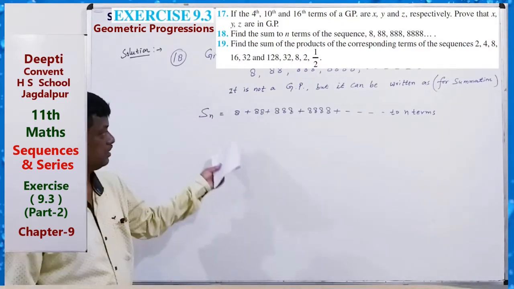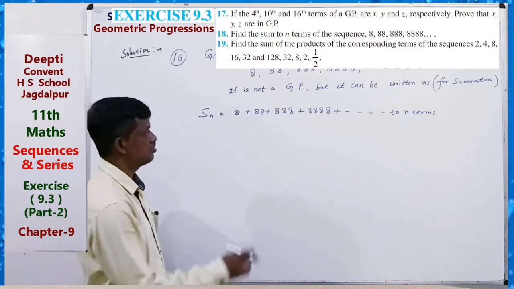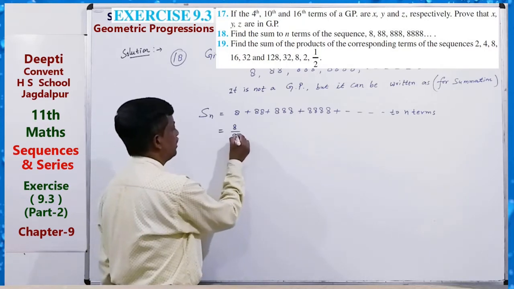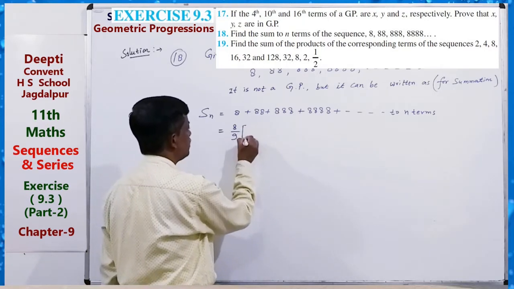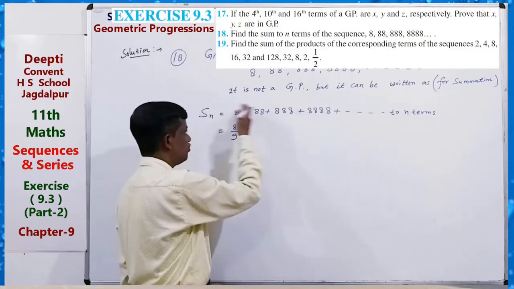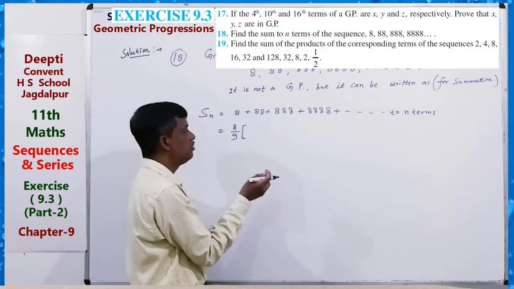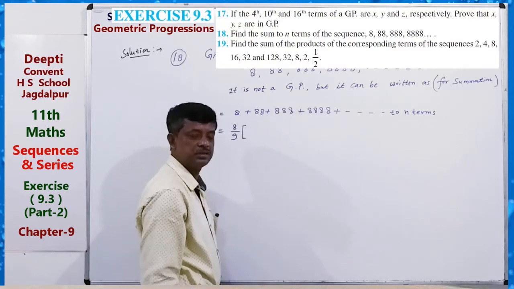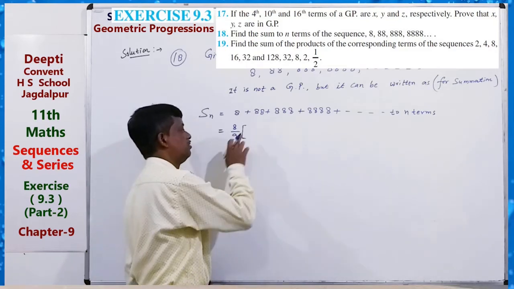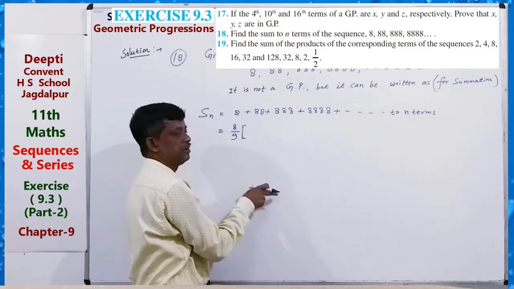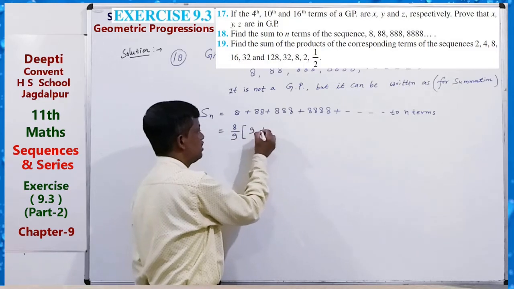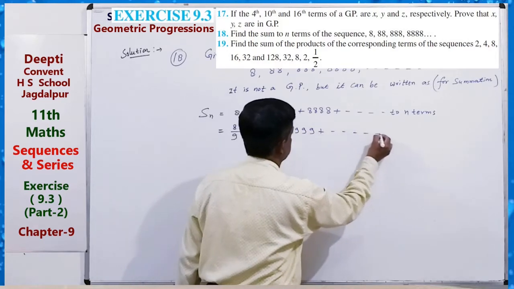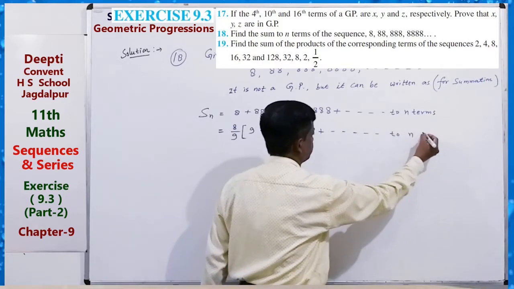It can be written like this for summation. Here take 8 common, then what we will get? 1, 11, 111, 1111, and multiply 9 in numerator and denominator. Then it will be 9 plus 99 plus 999 plus 9999 and so on to n terms.